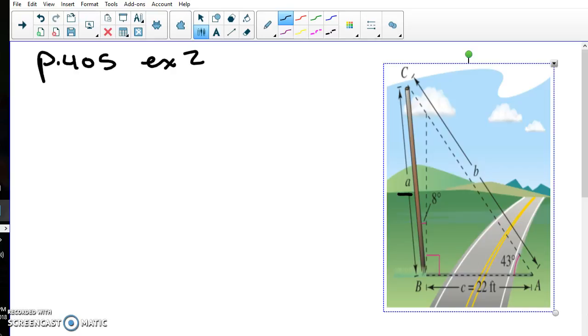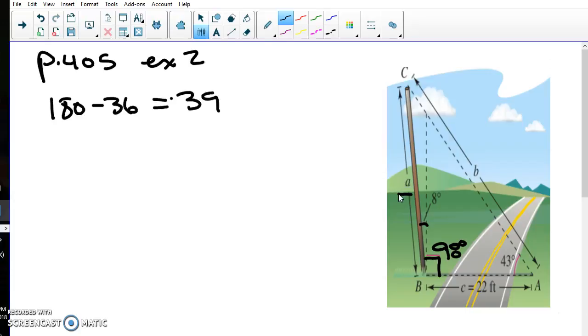So we've got side C, angle A. What's missing here? 8 degrees. So we've got 90 degrees plus an 8-degree lean. So we know that angle B is 98 degrees.